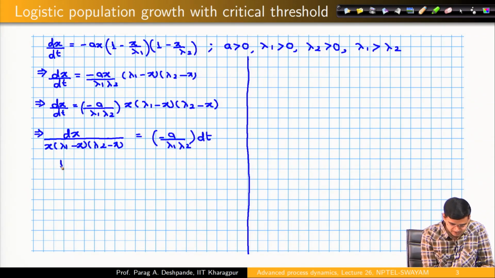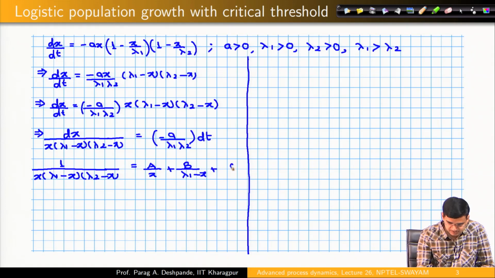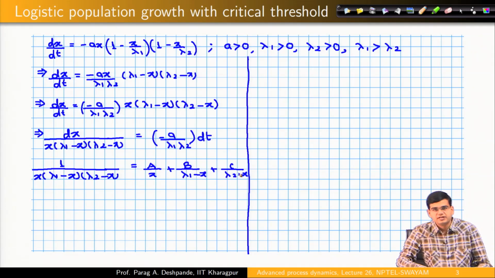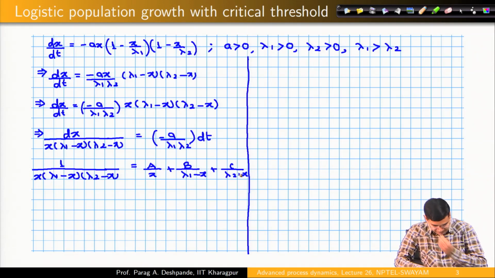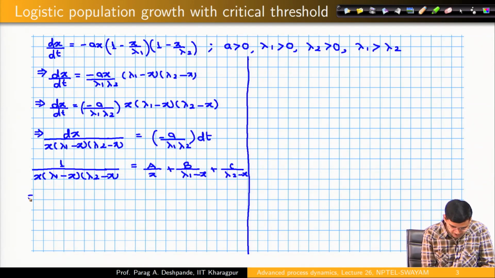So, let us say 1 upon x, lambda 1 minus x, lambda 2 minus x, as a upon x plus b upon lambda 1 minus x plus c upon lambda 2 minus x, fine. So, what can be written about the two sides?